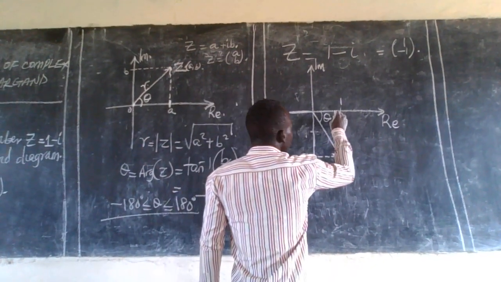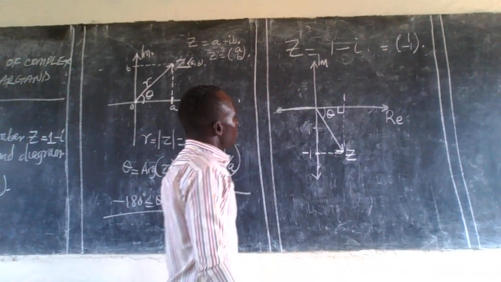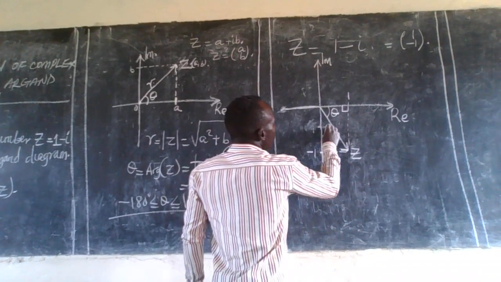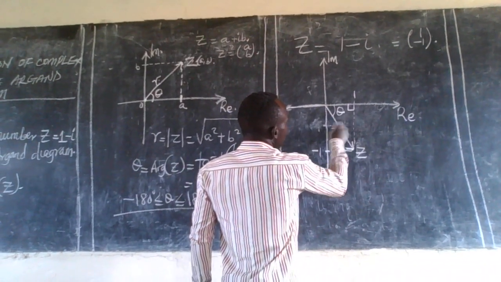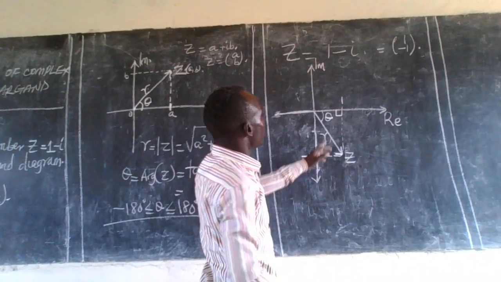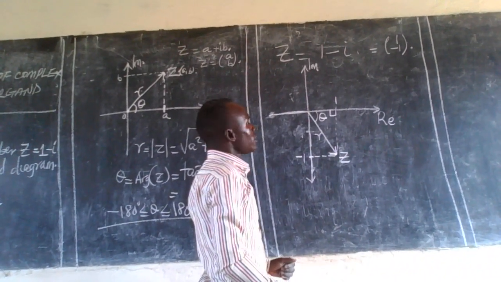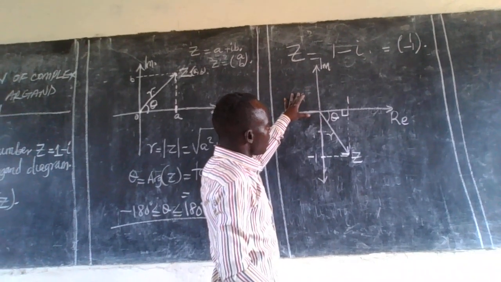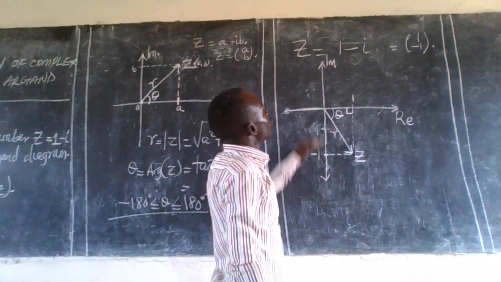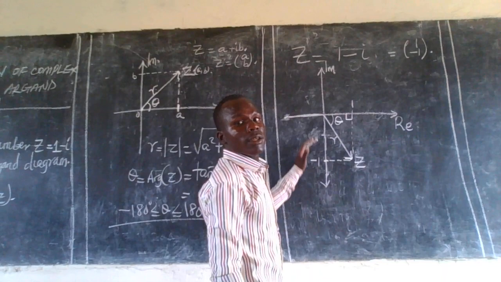We can make this a right angle. Then this will be r, isn't it? Yes, r is the modulus or length of z. So we have represented z on the Argand diagram.